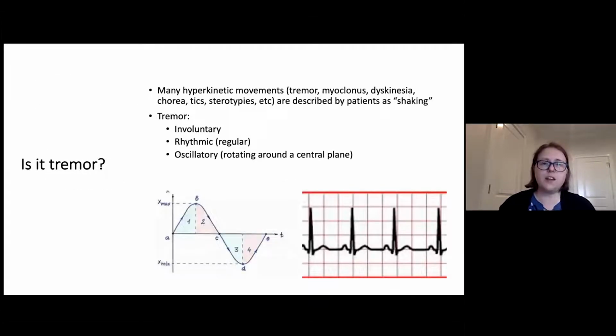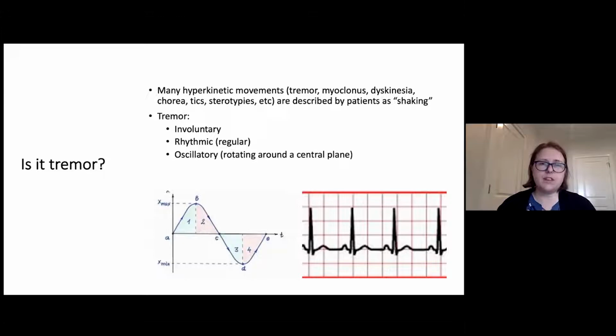So before I talk to you about this patient in detail, and he has essential tremor, I wanted to take a step back and give you some general points about tremor. So the first thing I do when I see a patient for tremor is say, is it tremor? And the reason that I do that is because many hyperkinetic movements are described by patients as shaking or tremor.